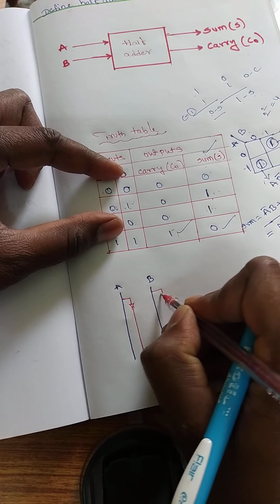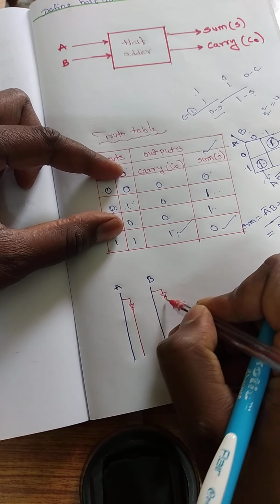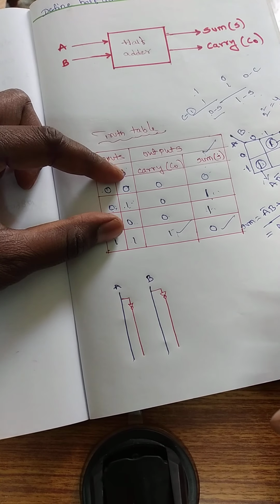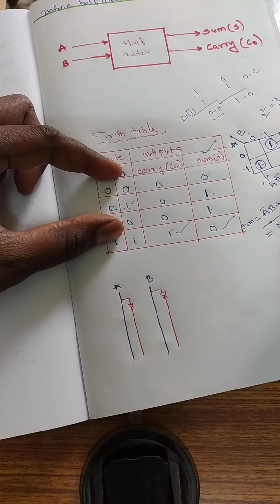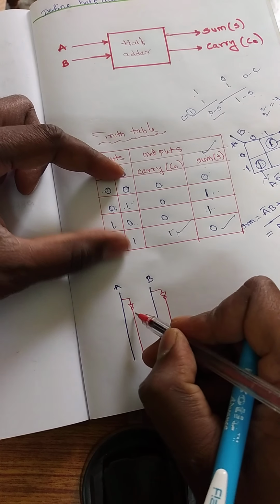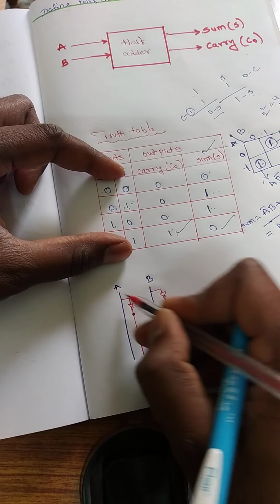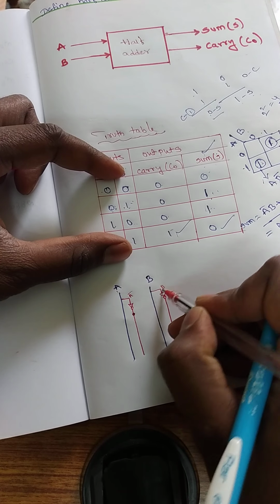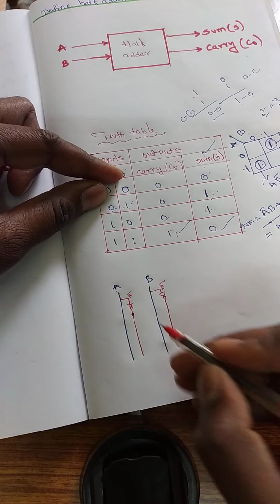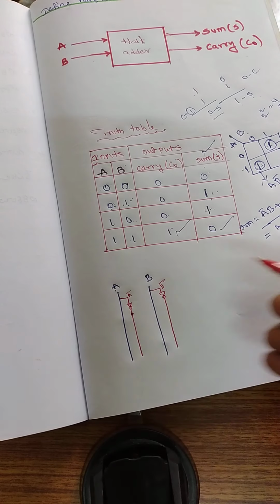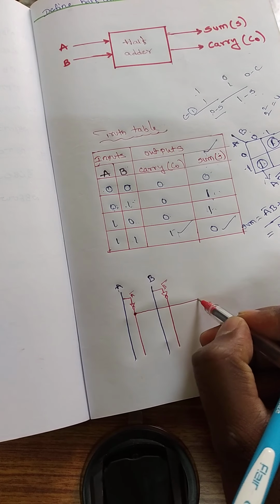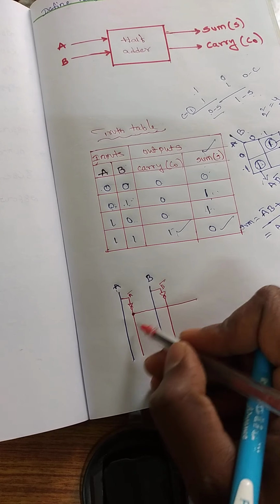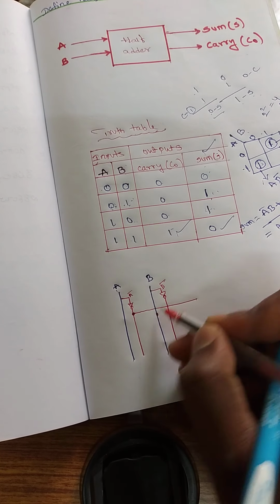And B negation, nothing but B bar and A bar. So first A bar B. A bar B is nothing but here. This is A and here A bar, and this is B and this is B bar. So A bar and B. This is B line.